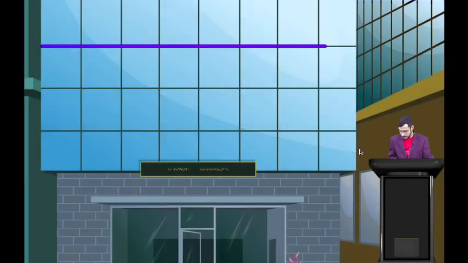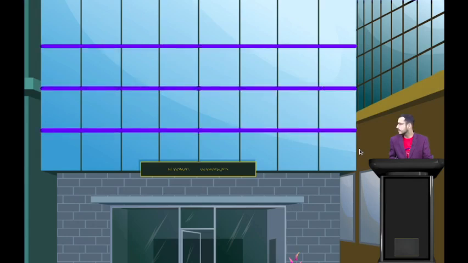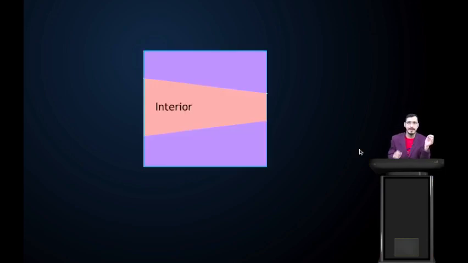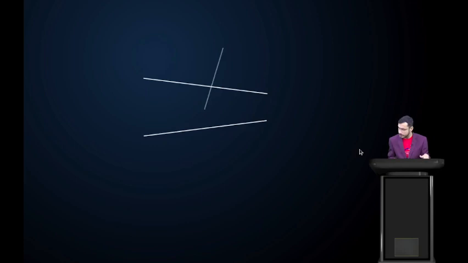Now here you can see the picture and the transversal lines. The interior part is between the two lines, and the outside part is the exterior part. So two parts are formed, one interior and another exterior. Now here AB, CD and line PQ, that is the transversal line.